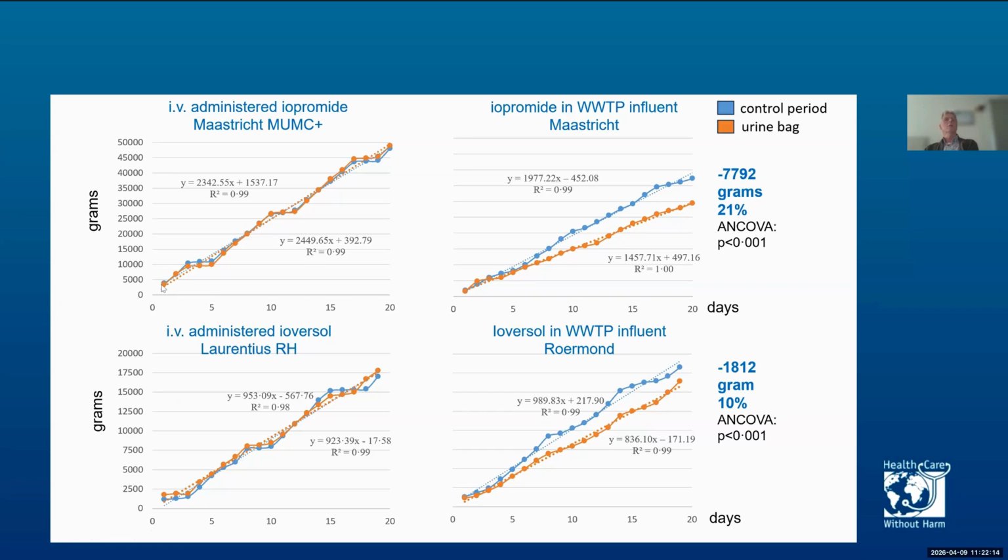You can see here Wednesday, Thursday, Friday, Saturday, Sunday, because then the CT scanners are not so active, and then we get a whole week again. In the end, in 3 weeks, 50,000 grams, so 50 kilos, was handed out. The blue period was our control period, and the yellow period was with handing out bags. So the input was the same over these 3 weeks.